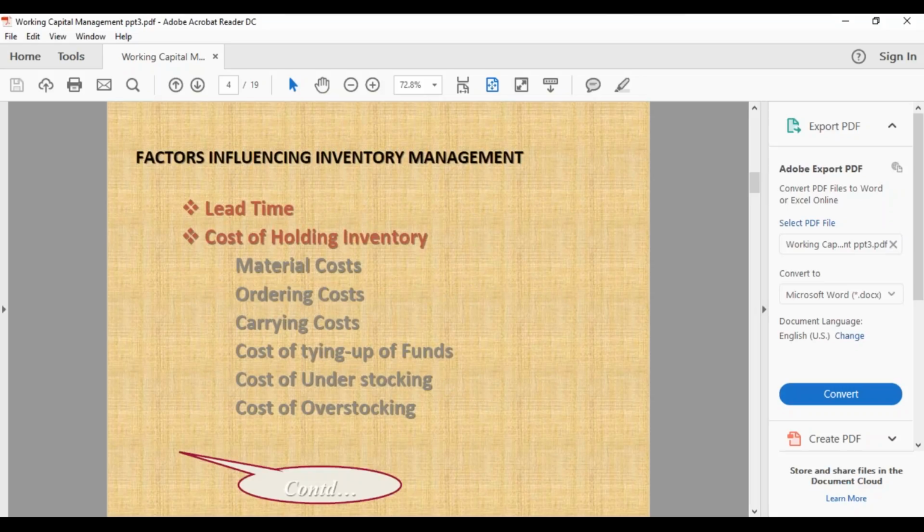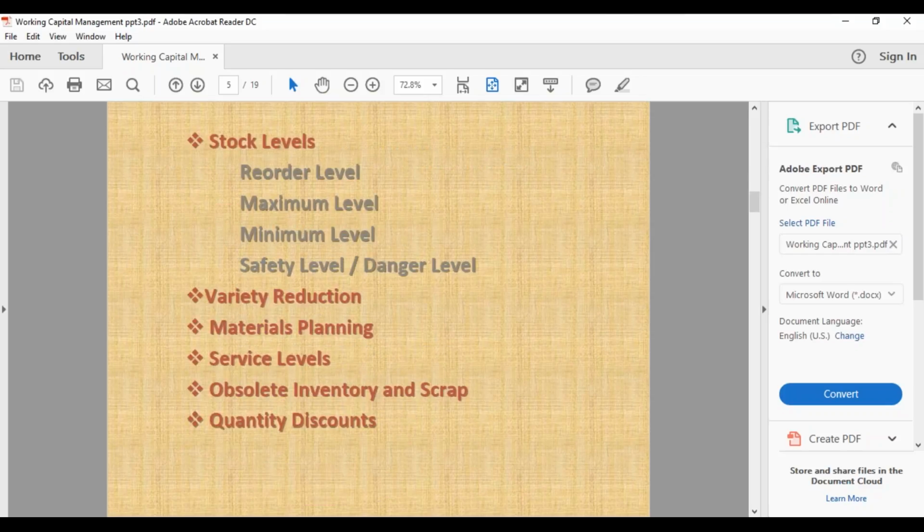There are a lot of factors which influence inventory management: the lead time and the cost of holding inventory. The cost of holding inventory includes the material cost, ordering cost, carrying cost, cost of tying up of funds, cost of understocking, and cost of overstocking. Then there's a factor called stock level, I mean how much stock we have. Stock level can be categorized as reorder level, maximum level, minimum level, safety level, and danger level.